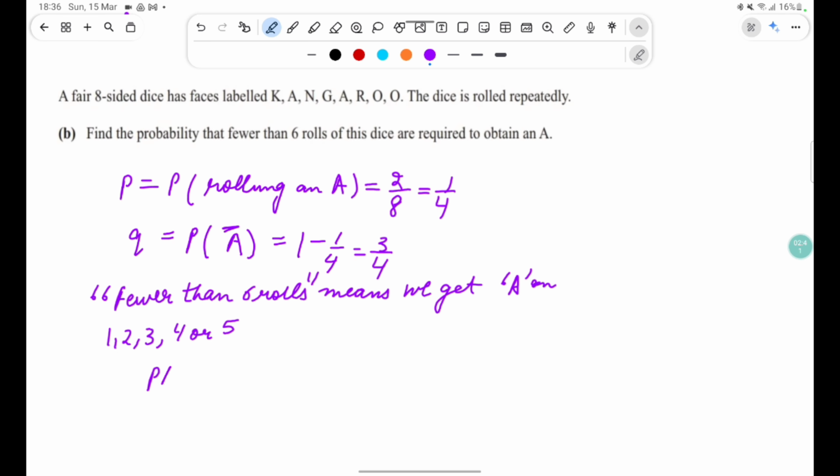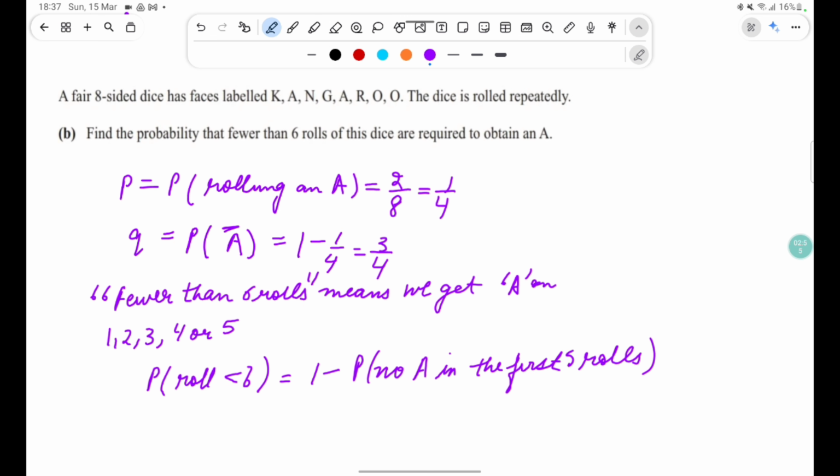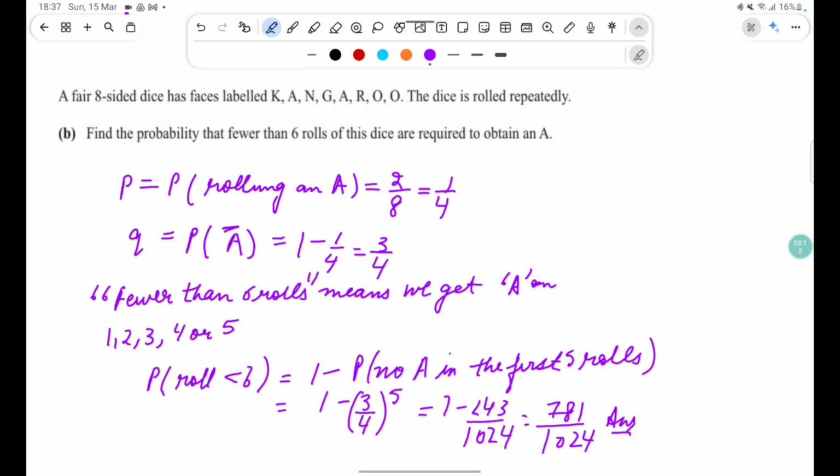So the probability is 1 minus the probability of no A in the first 5 rolls, which equals 1 minus (3 by 4) to the power 5. If I solve this, it will be 1 minus 243 over 1024. Solving this further, I get 781 over 1024. This will be our final answer.